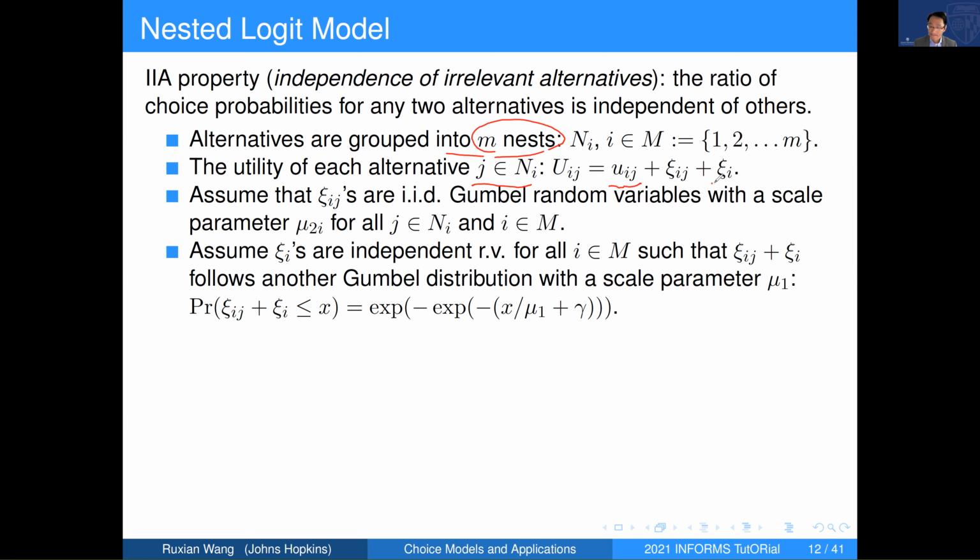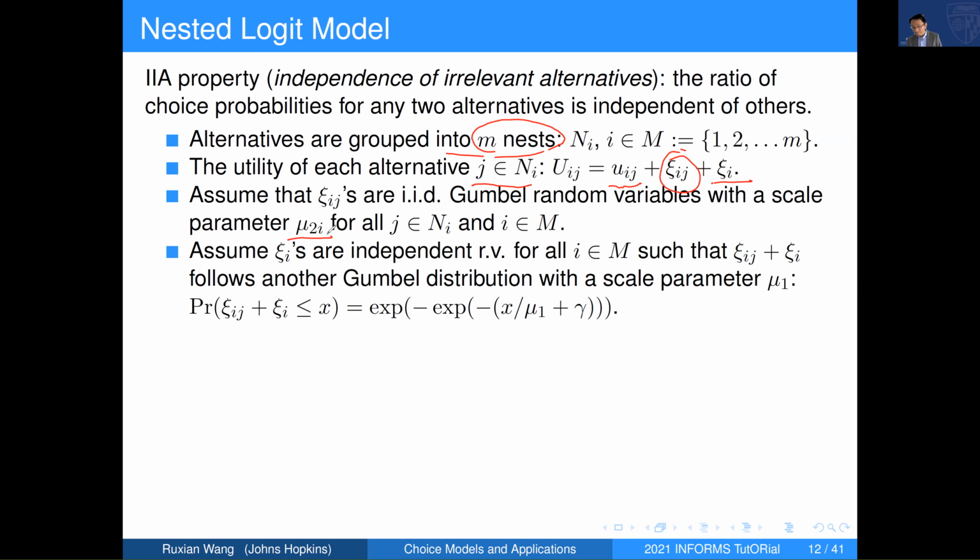Psi_i indicates the randomness at the nest level. This one is the same for all alternatives in nest i. This one, the random term psi_ij, is IID Gumbel random variables with a scale parameter mu_2i for all items in nest i.